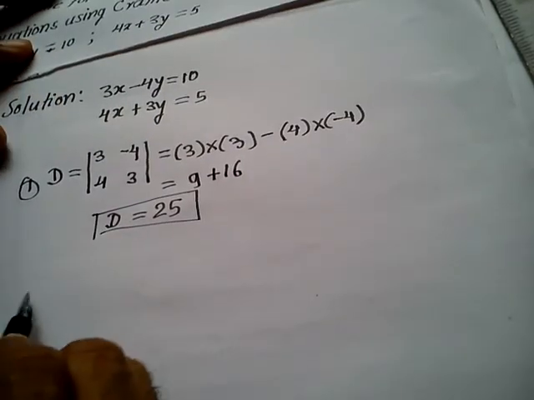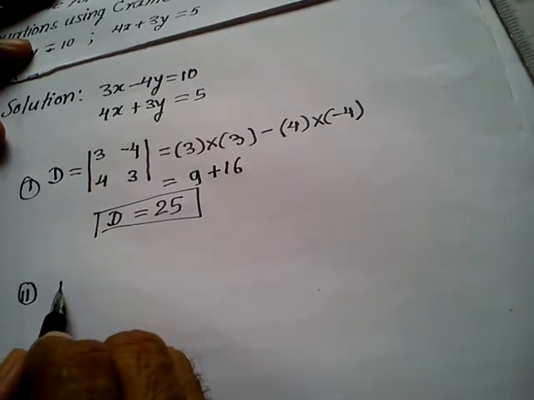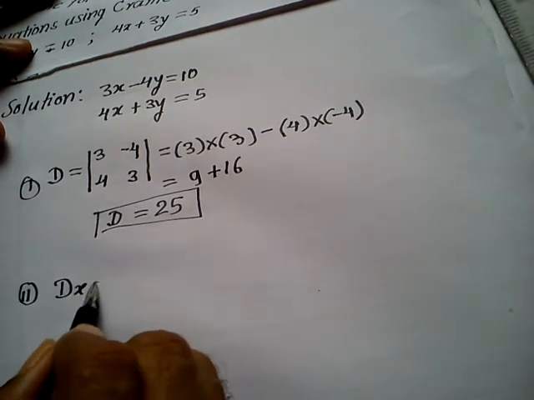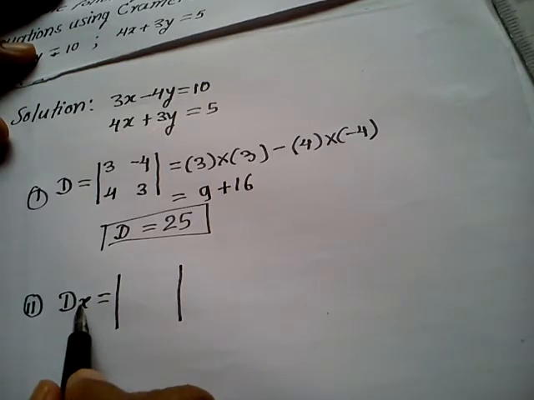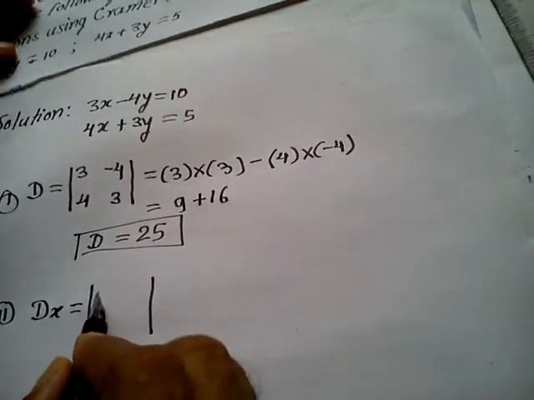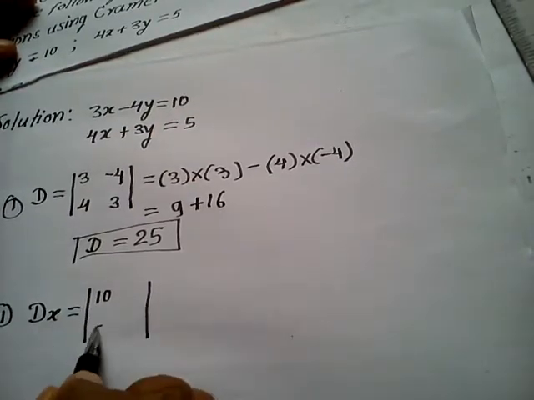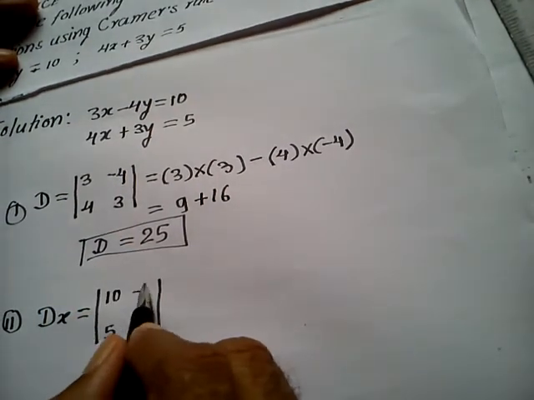Second, one example is sufficient to understand this method. Second step, we are going to calculate the value of Dx. Which one? Dx. So the coefficients of x will not be there. Instead of that, we have to write the constant terms, that is 10 and 5. Then y, the coefficient of y as it is, negative 4 and 3.